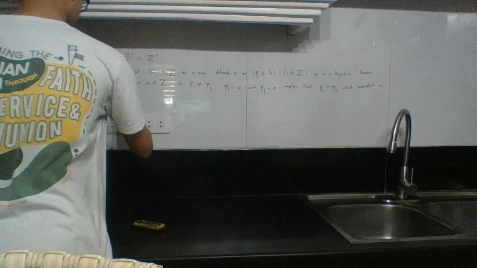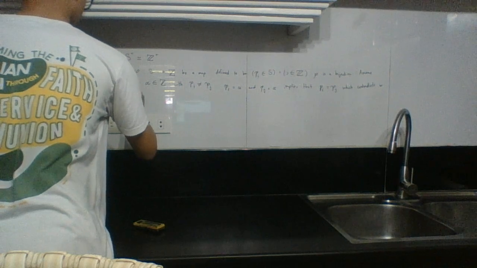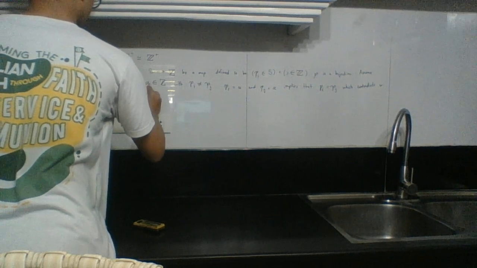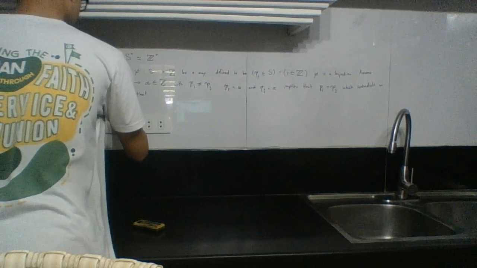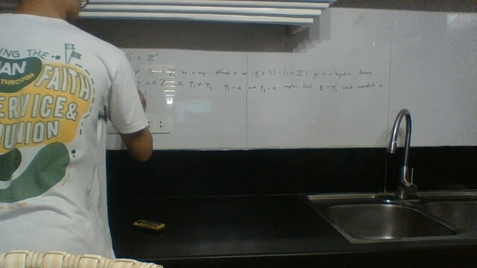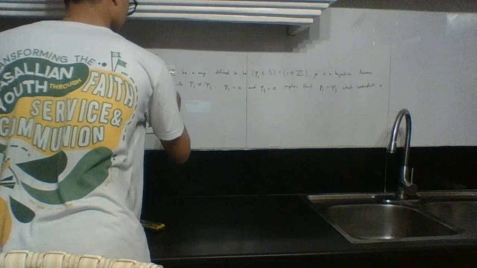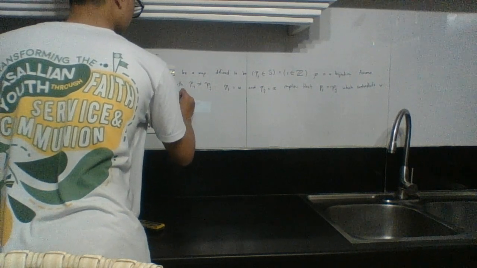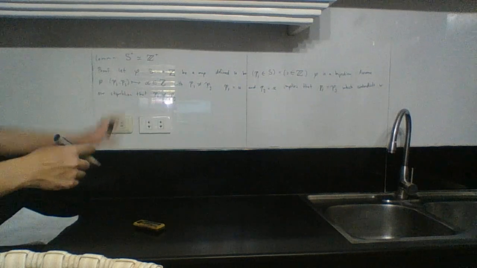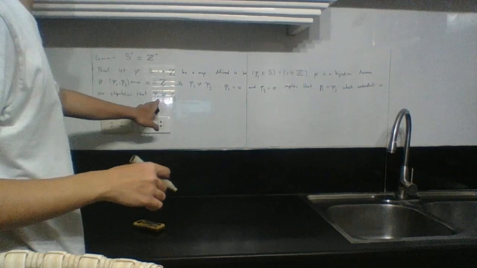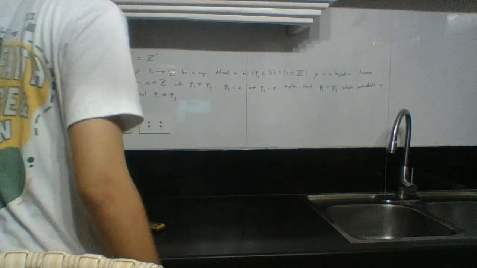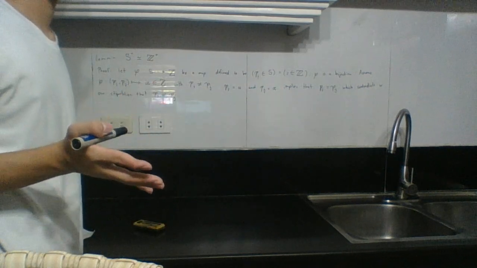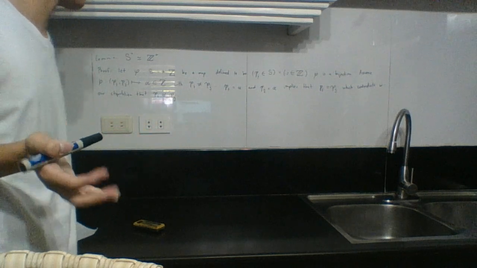And by extension, this would imply that this index and this index are the same. And because of this over here, it implies that two integers are the same, even though those integers are distinct.